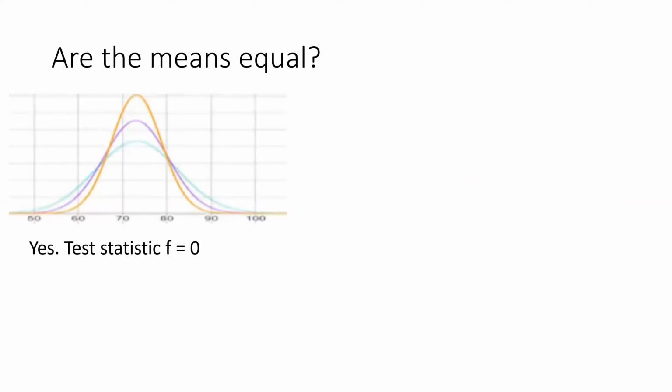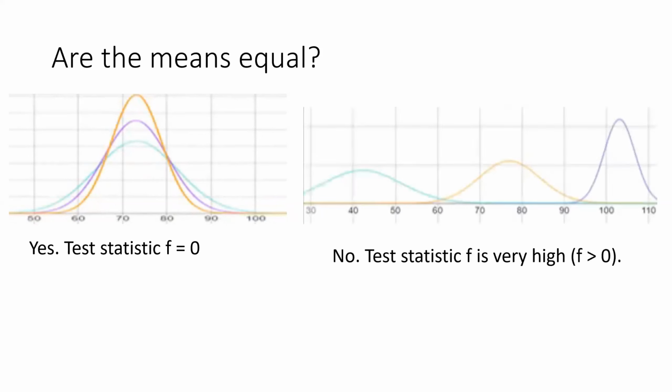one situation where it's a definite yes, the means are the same when all of the distributions overlap. And in this case, the test statistic F for ANOVA test would equal 0. Now, this is another obvious result where all the means are different.